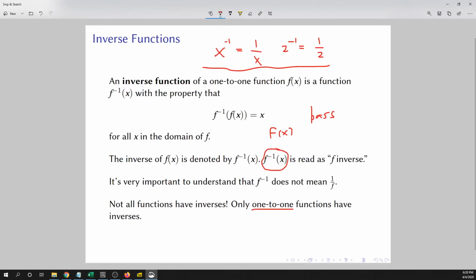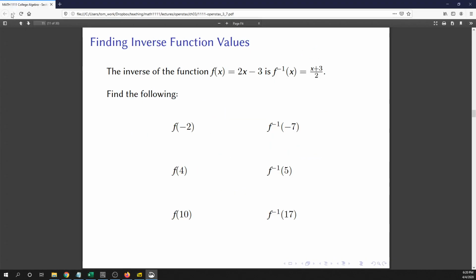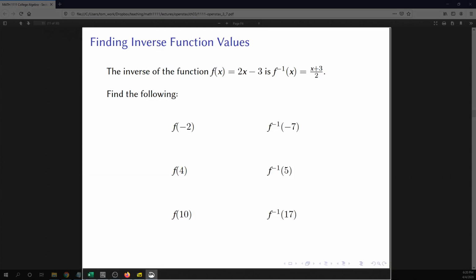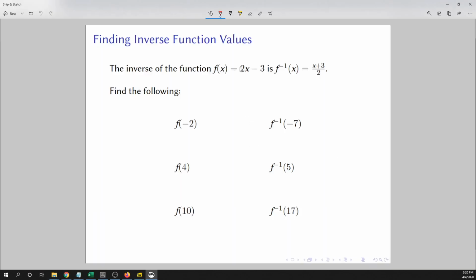I want to find some of these function values. f of minus 2. To find f of minus 2, I would plug that into this formula.